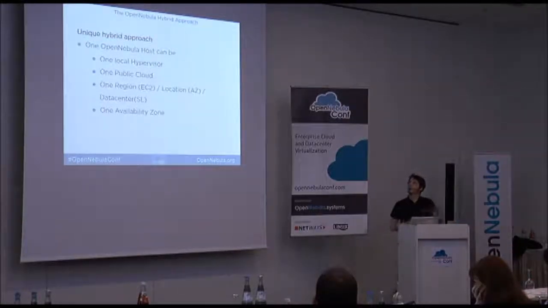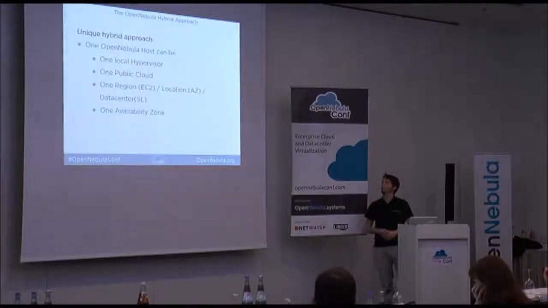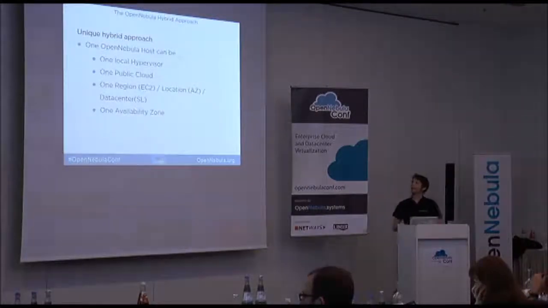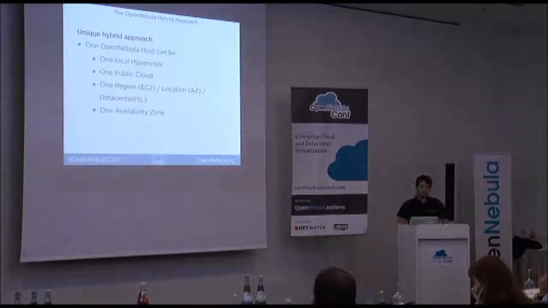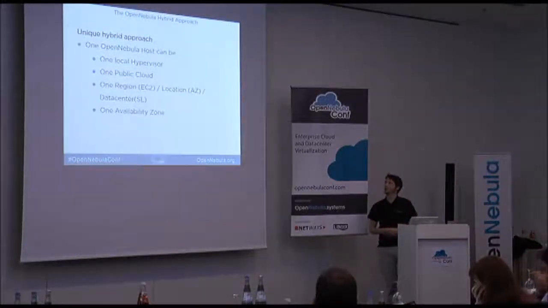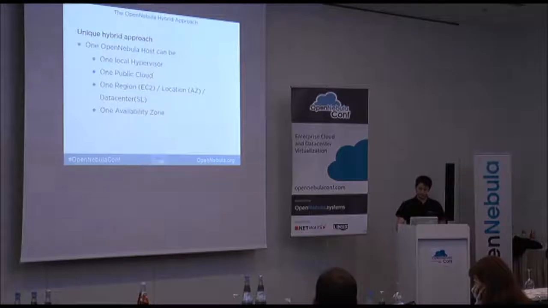But you can partition it by representing a specific region in EC2, or a location in Azure, or a data center in SoftLayer, which are basically different ways of these public cloud providers of defining these geographical regions, right? And also you can partition it further by representing just specific availability zones, for instance, in Amazon EC2.